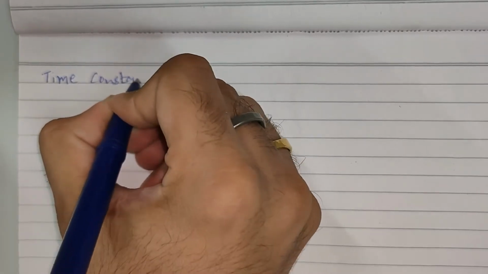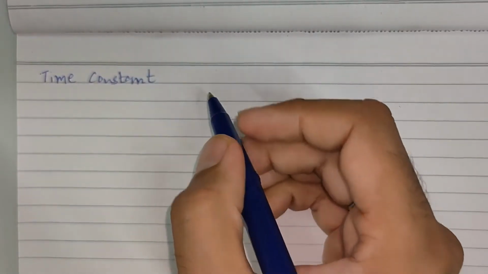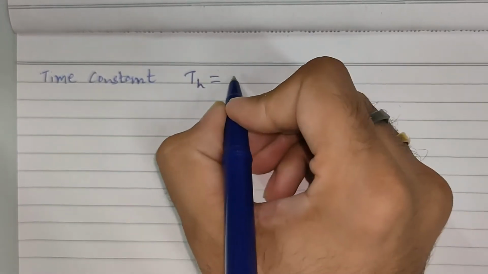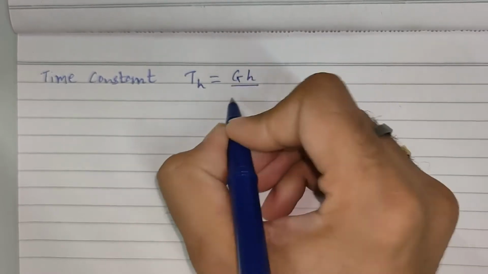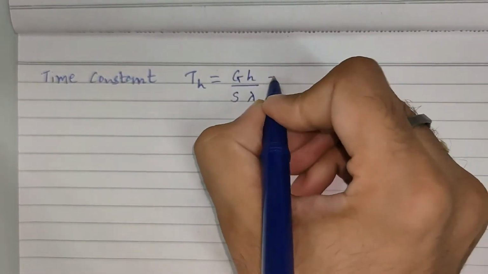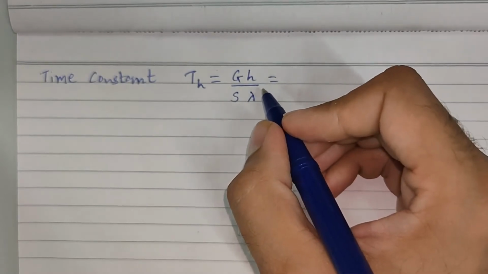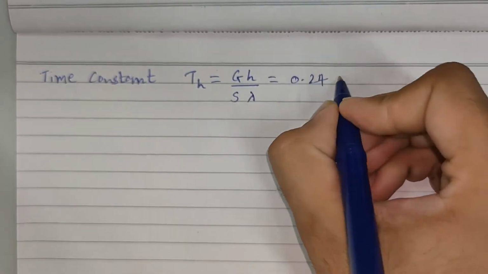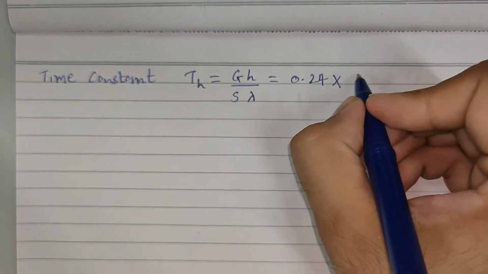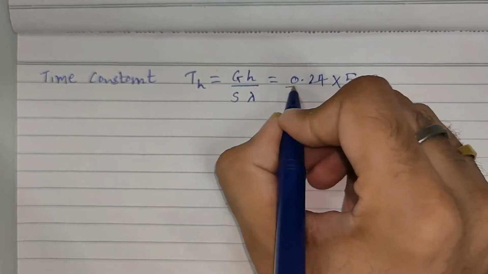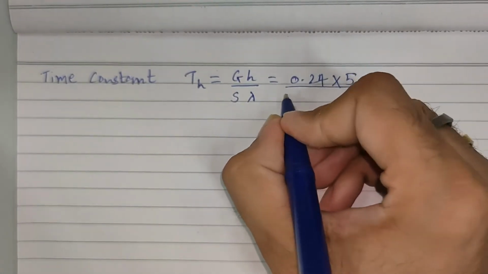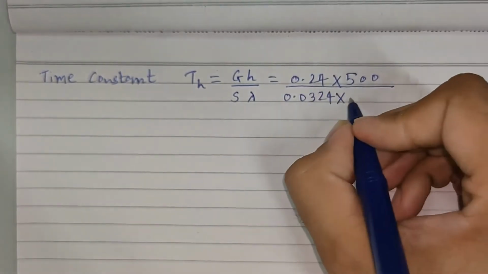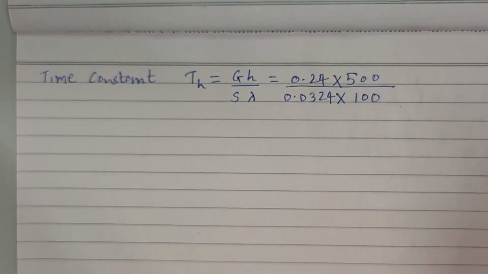Now let us calculate the time constant. If you can recall the formula of the time constant from the previous lectures, the TH is nothing but capital GH upon S lambda, where your capital G is nothing but the weight, which is 0.24 kgs, multiplied by H is 500 upon S is the surface, that is 0.0324, and your lambda's value is 100.